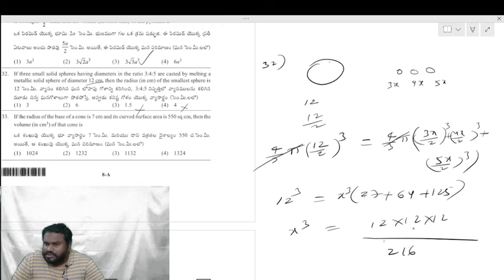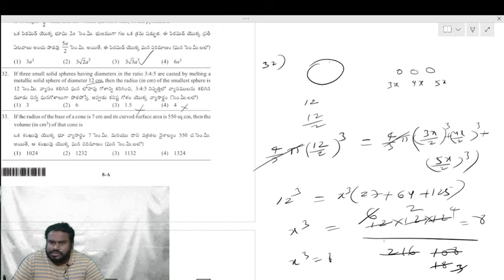Okay, 216, so we cancel, and it's 8. So x cube equals 8. 8 is nothing but 2 cube. So x is equal to 2.